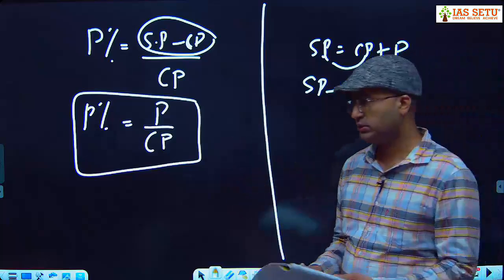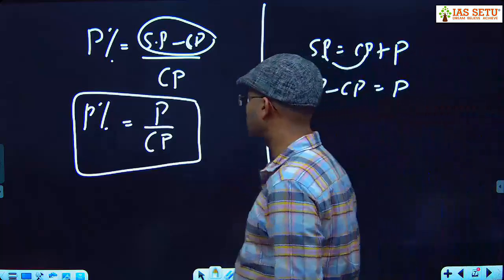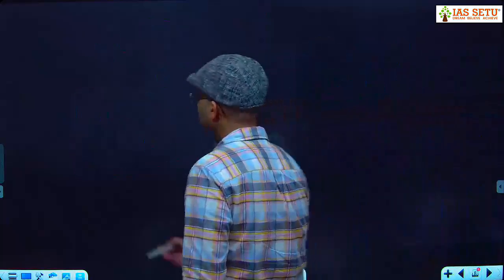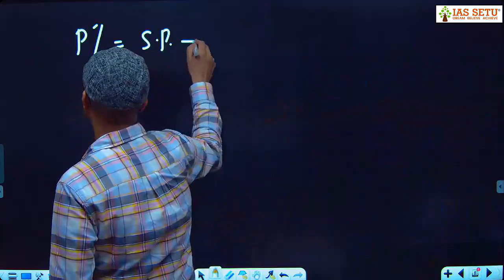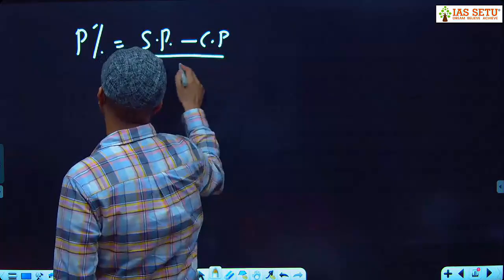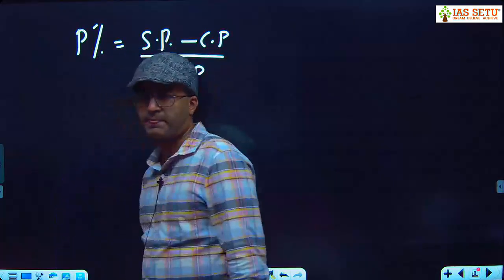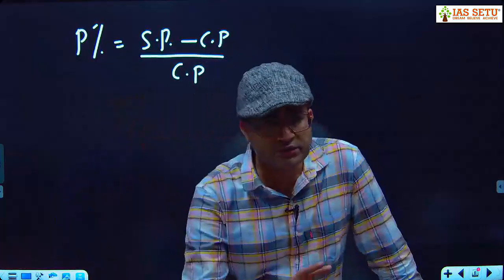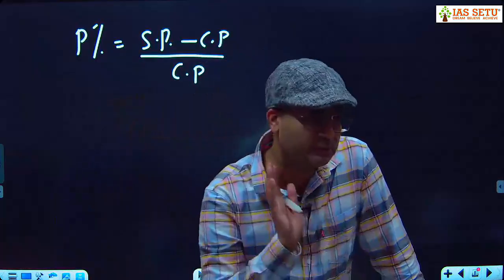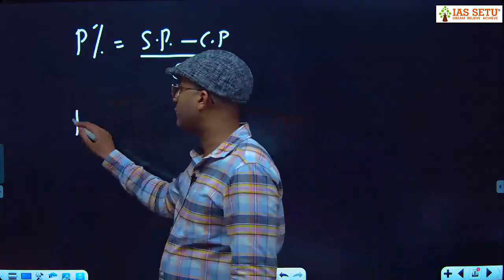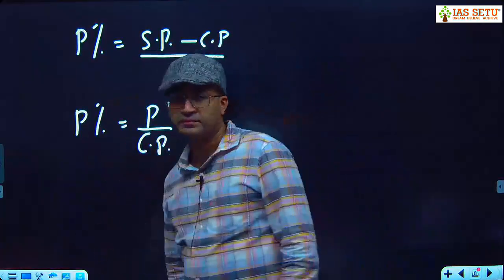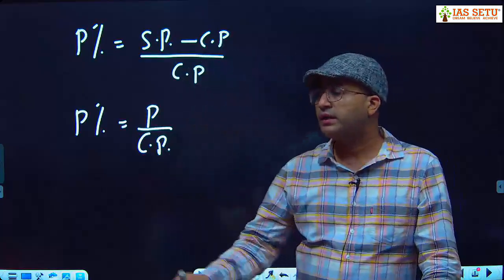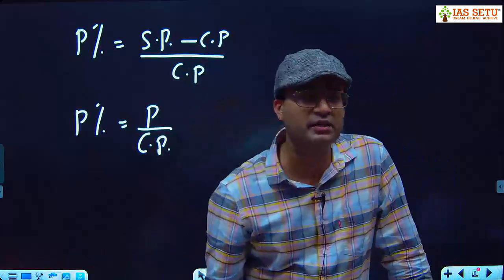Milkman question. What is the formula of profit percentage? Either you can say yesterday we have studied selling price minus cost price upon cost price. But the difference of selling price and cost price is nothing but P. So you can say profit percentage is P upon CP. In this question, how much profit is this milkman making?